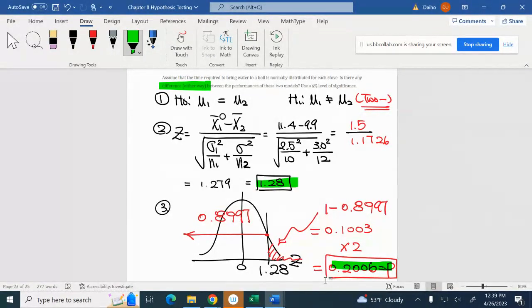Alpha was given as 5%. Is the p-value bigger than 5% or less than 5%? Bigger. What will be the conclusion? Bigger than alpha, so do not reject H0.